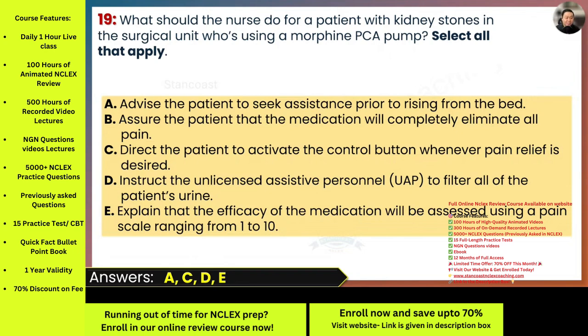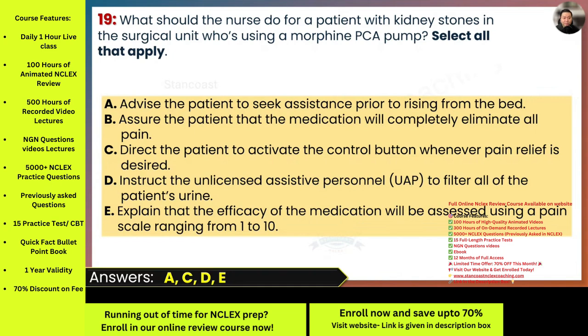Letter E is also correct. It says, explain that the efficacy of the medication will be assessed using a pain scale ranging from 1 to 10. This is the most common standardized method of pain assessment, and it allows the nurse to gauge how effective the PCA morphine is in managing their pain.